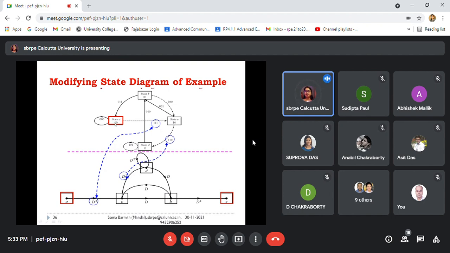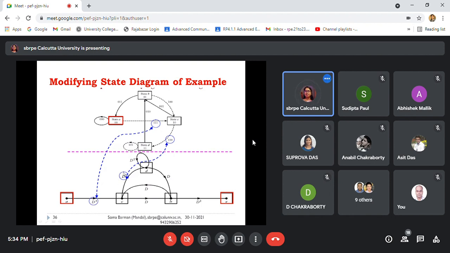So A to C, then C to D. We are considering a square box here, so this is the D node. Now for C to D, what is your branch gain? That is d square. This circle is showing d square.